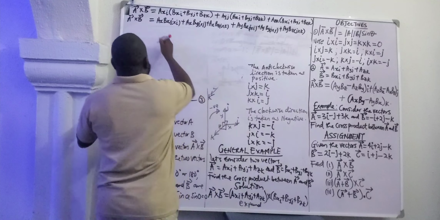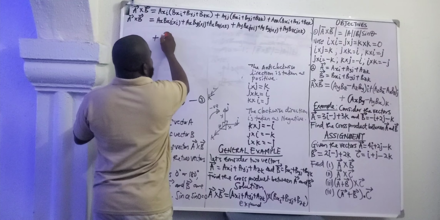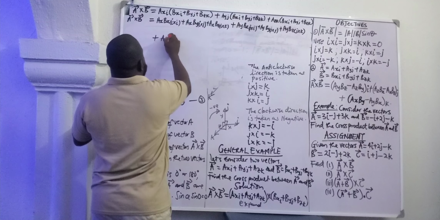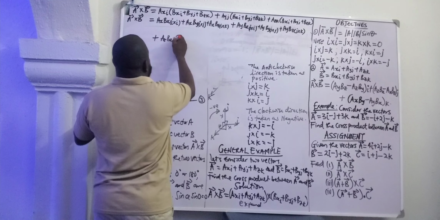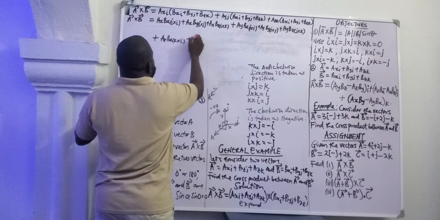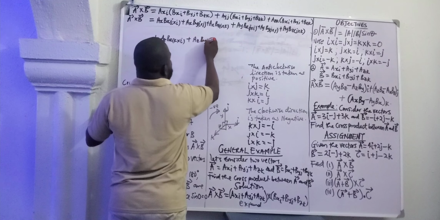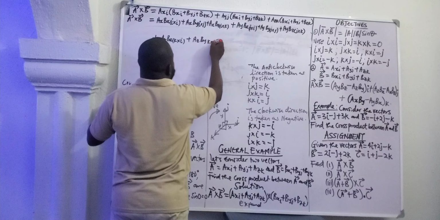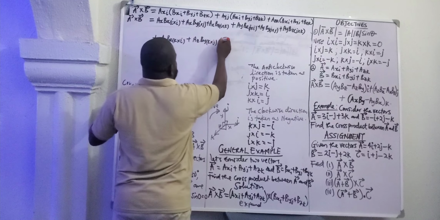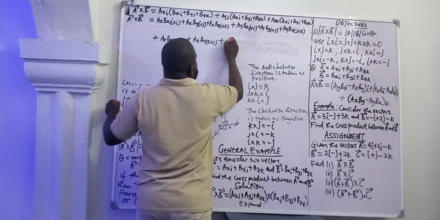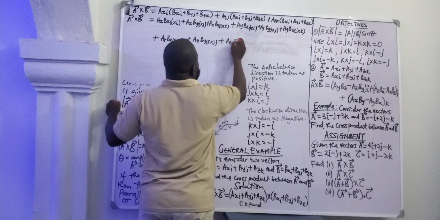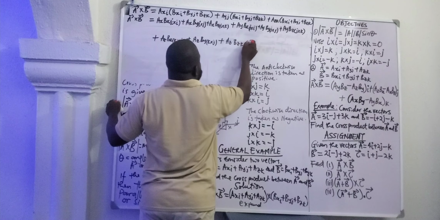And we have plus AZ BX k cross i. And we have AZ BY k cross j. And lastly, AZ BZ k cross k.